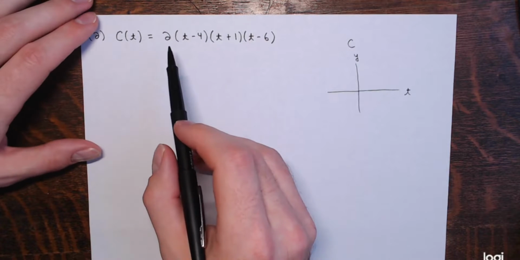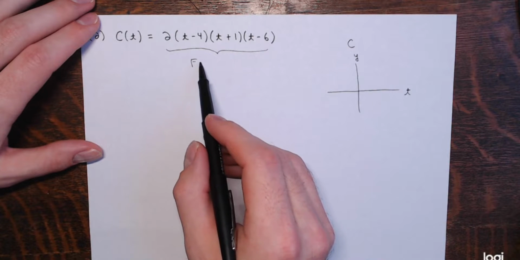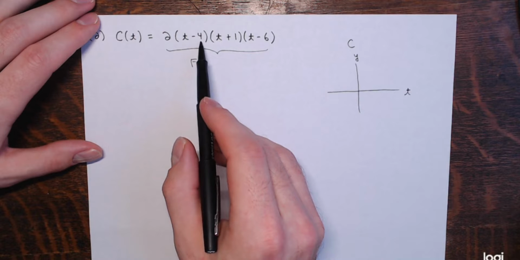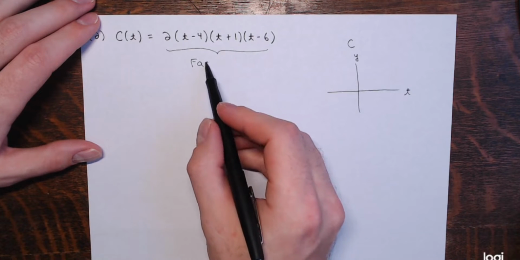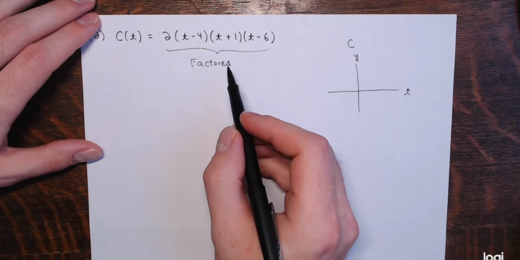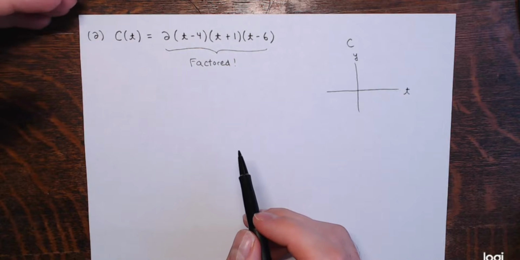So again, this is already completely factored. You can't break down t minus 4 and t plus 1 and t minus 6 any further. So it should be pretty easy now to state all the intercepts.